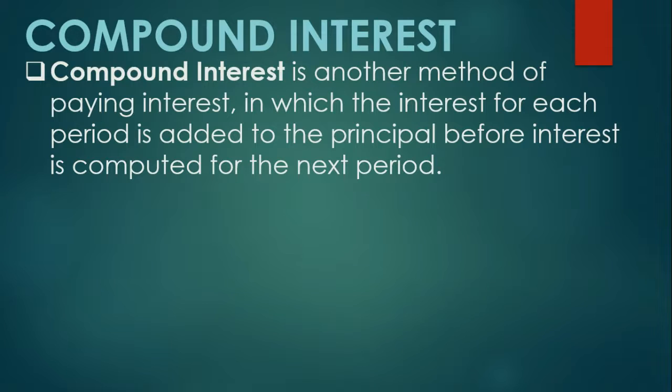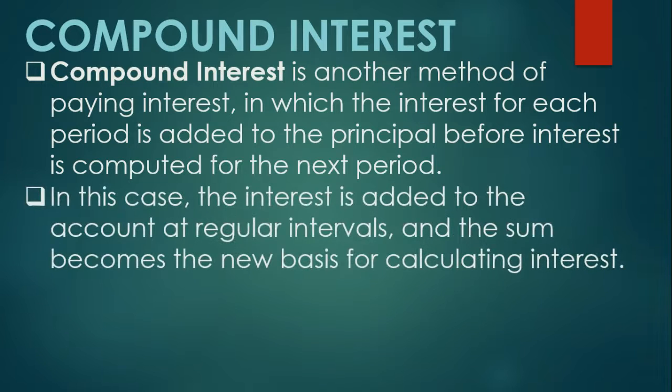Pero yung kay compound interest, kung na-compute mo yung interest doon sa unang period, para ma-compute mo yung succeeding interest, idadagdag mo yung previous interest doon sa principal tsaka ka magkukompute ng panibagong interest. So, habang nagpo-proceed yung loan or yung investment, mas lumalaki yung pinagkukomputan ng kanyang interest.